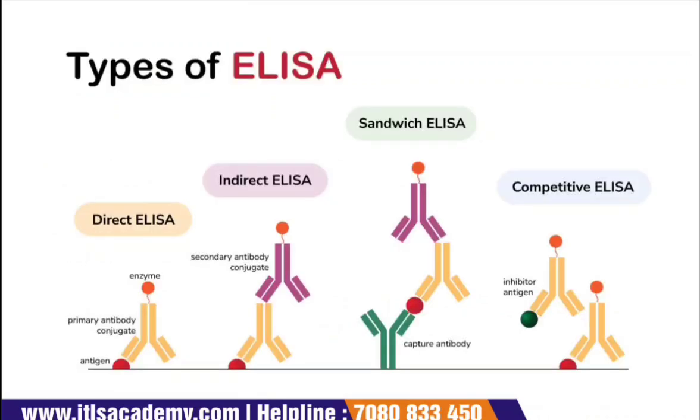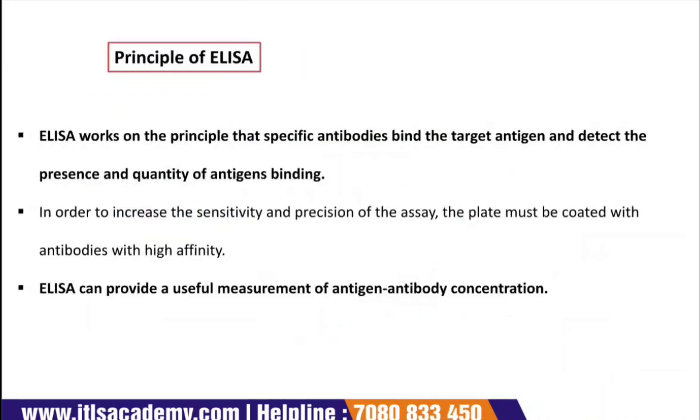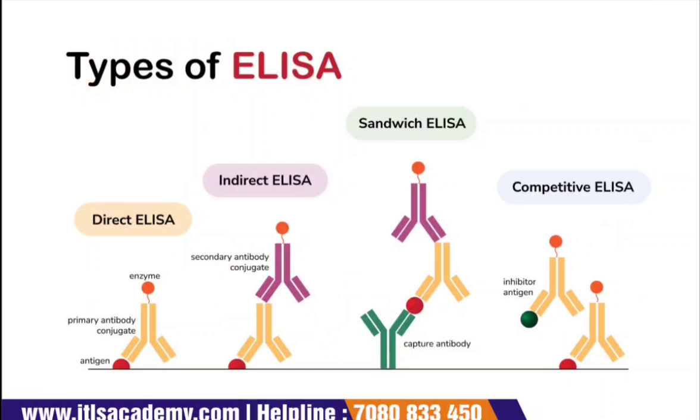Now I would like to tell you with the help of one diagram. This is the diagram and this is how ELISA works. According to this diagram, ELISA is a widely adopted laboratory method that is used for detecting, and again I would say in the same line, quantifying substances such as proteins, meaning all sorts of biomolecules.